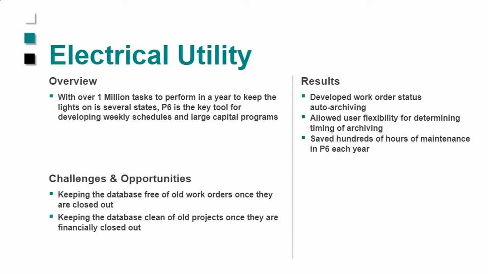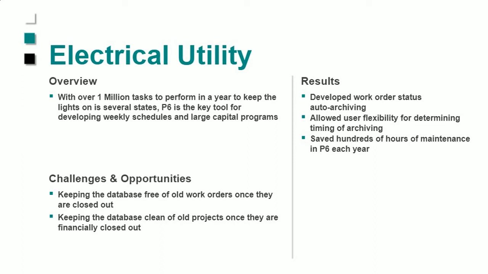It's all integrated, but P6 is really driving the scheduling components. With so many activities and many work groups to manage, it's a lot of work to keep the system cleaned up. So auto archiving completely makes sense in that scenario.